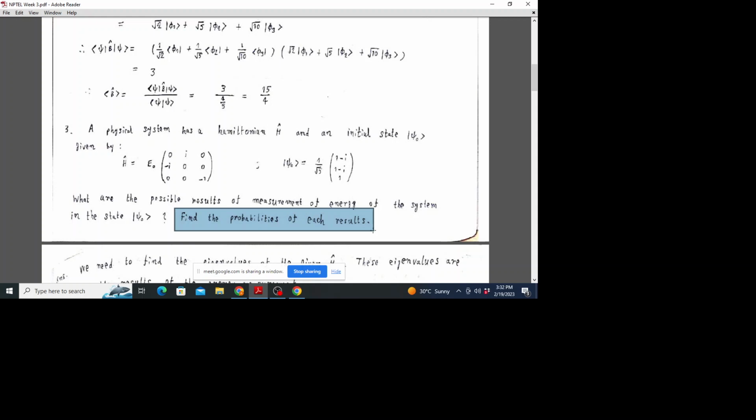The different possibilities come with different probabilities. All these things we have to find, and then finally we will also find the expectation value of the energy.